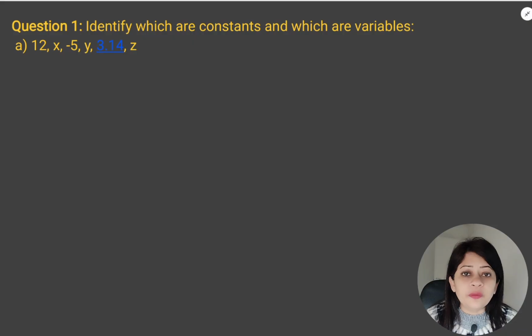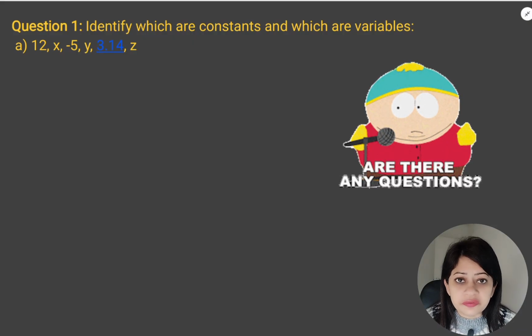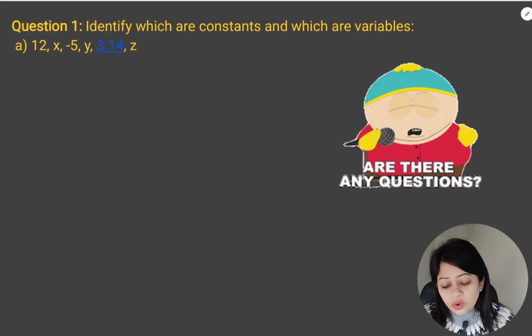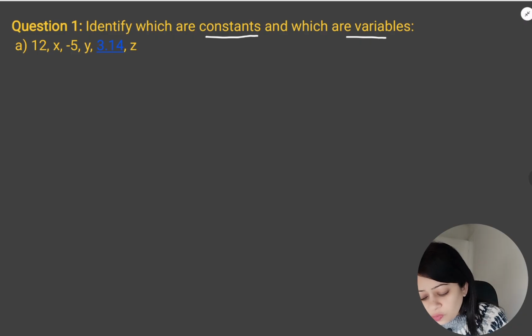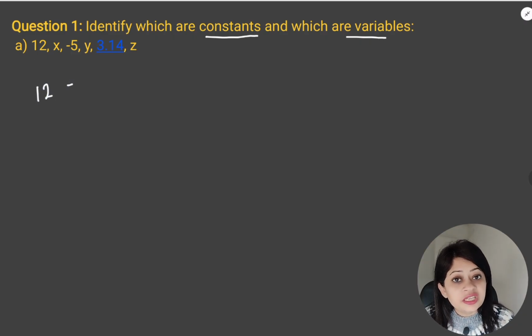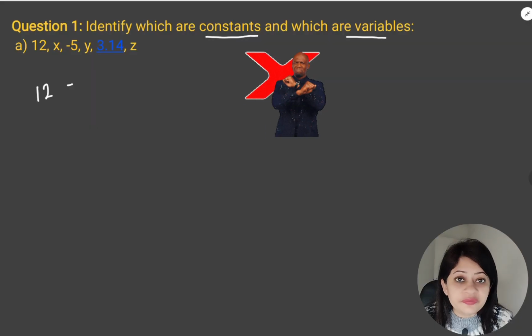After every topic we will do some questions for revision. Okay, so our first question is: identify which are constants and which are variables. Okay, so first is 12. You tell me, can you change the value of 12? No, 12 is fixed, right?